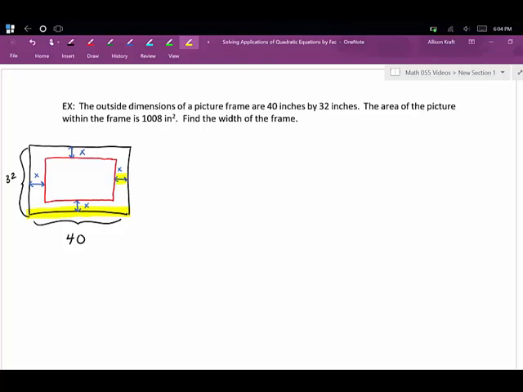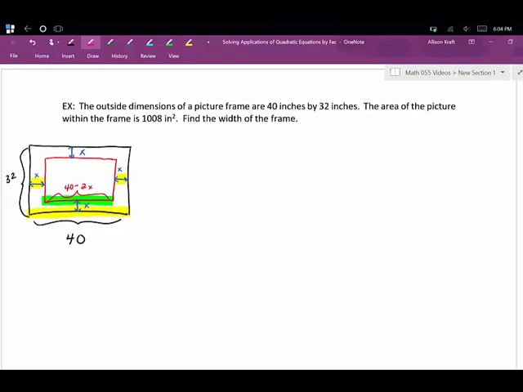If this part is x and this part is x, then the amount that I'm going to have left for the picture is going to be that original length of 40 minus those two x's. Therefore, this inside here is going to be 40 minus 2x.